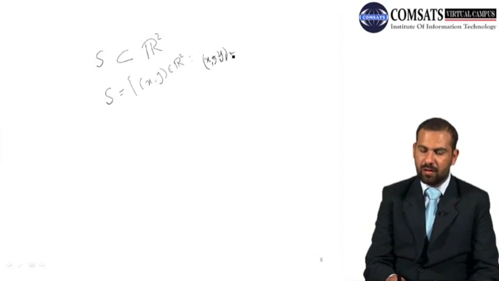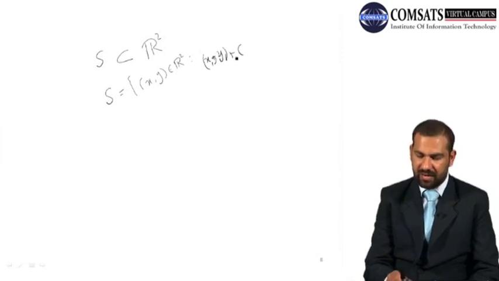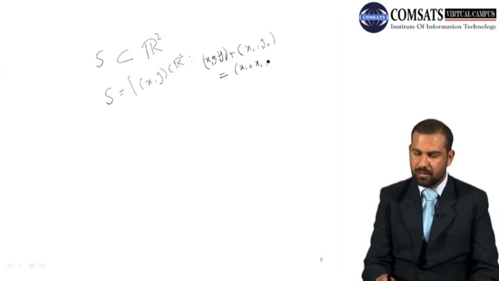If we add it with another element, (x2, y2), we obtain (x1 plus x2, y1 plus y2).